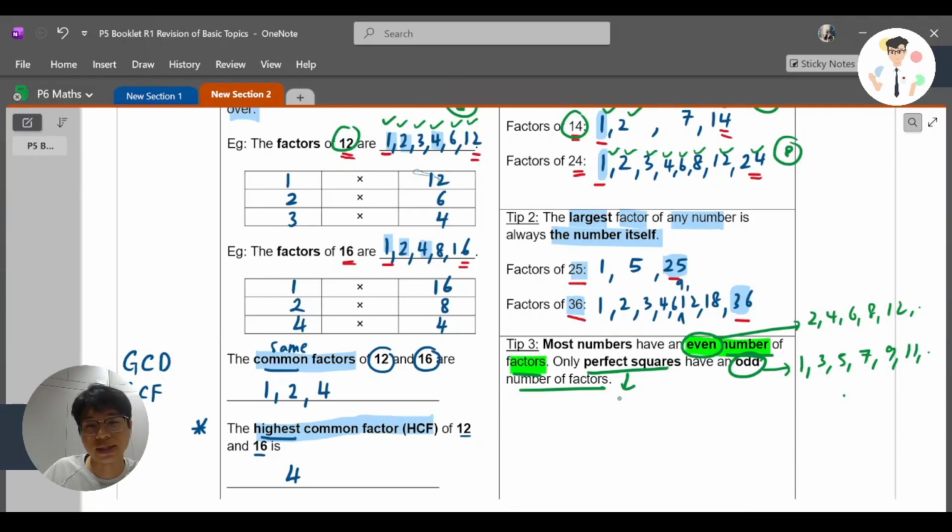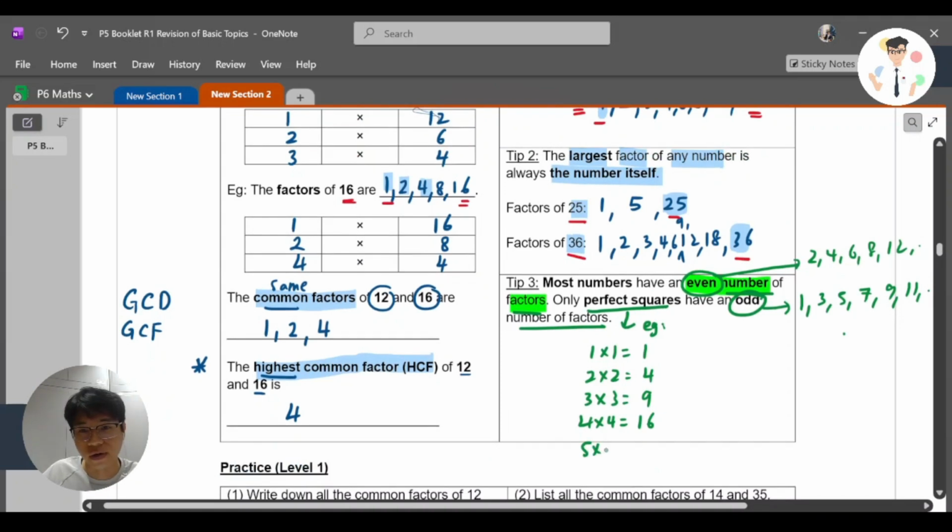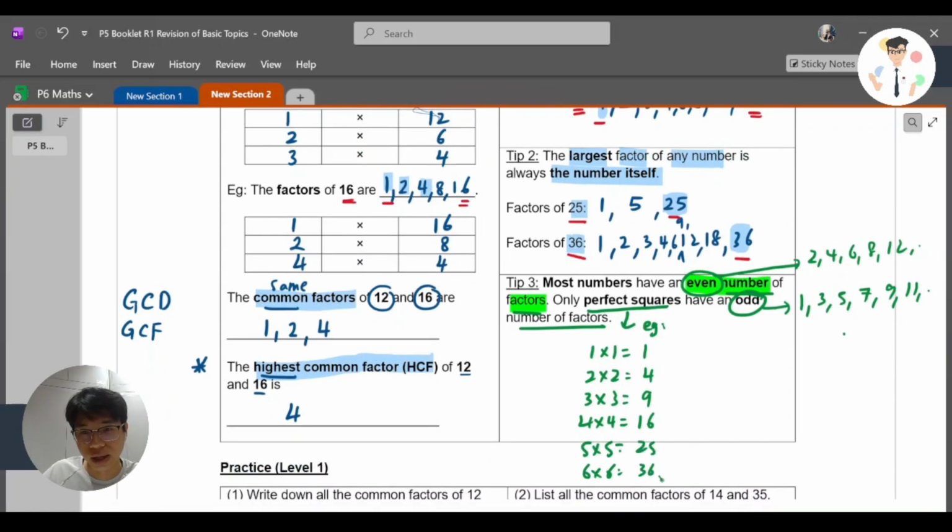A perfect square is something like this. 1 times 1, 1. 2 times 2, 4. 3 times 3, 9. 4 times 4, 16. Then 5 times 5, 25. And so on, 6 times 6, 36. All these numbers, we call them perfect squares.